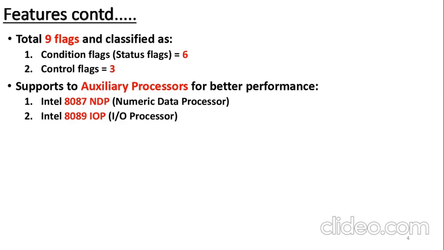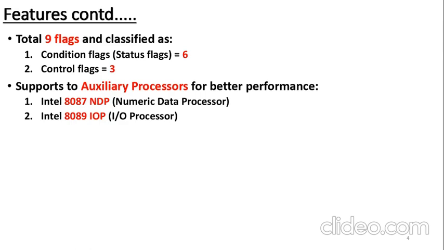In the minimum mode, such auxiliary processors cannot be connected. Minimum mode is for standalone operation of the 8086 microprocessor alone. In maximum mode operation, along with the 8086 microprocessor, we can connect the 8087 NDP in order to carry out floating point operations in a more efficient manner.